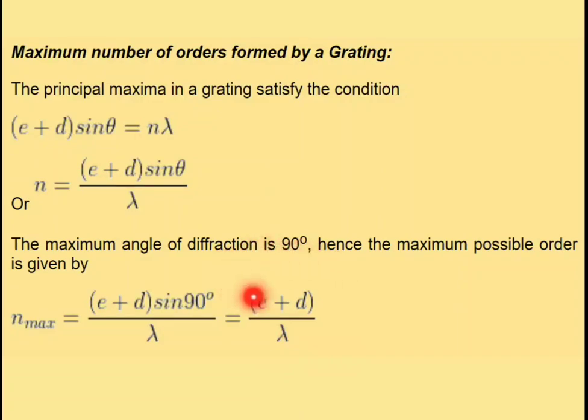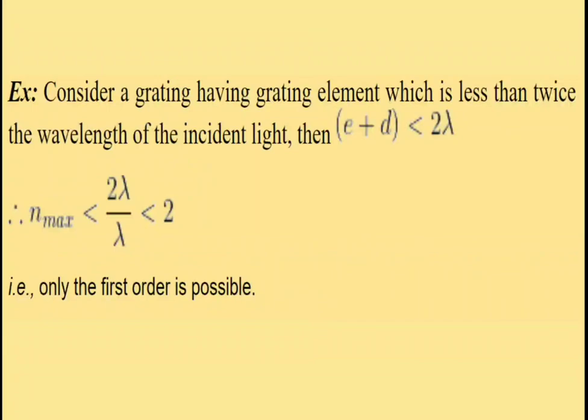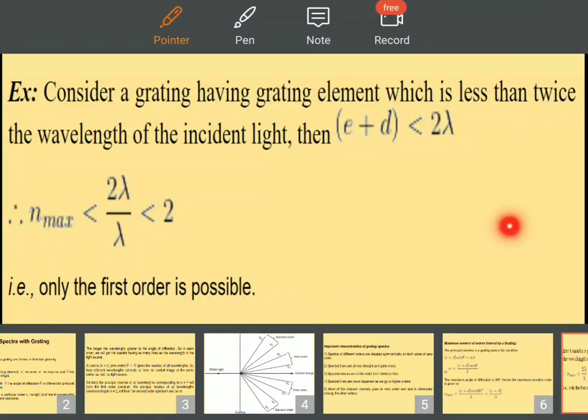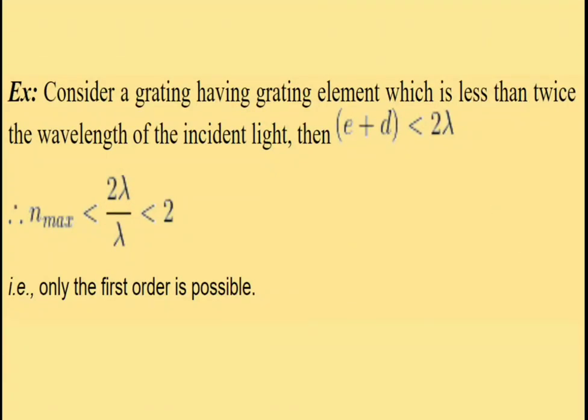Now substitute the e plus d value as 2 lambda. So 2 lambda by lambda, by simple cancellation of lambda and lambda, we get the value 2. That means the possible orders are less than 2. So we can confirm that only the first order is formed. So this is about how the orders are possible by using a grating.